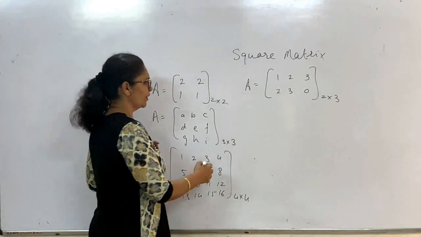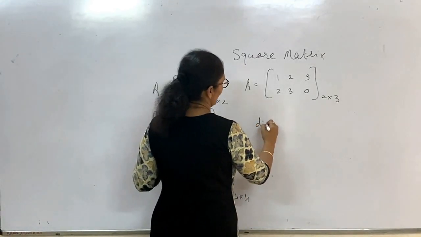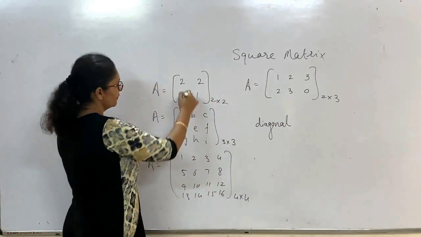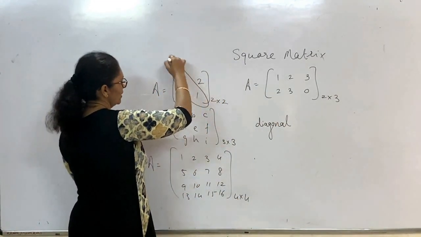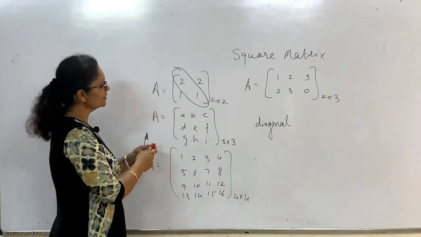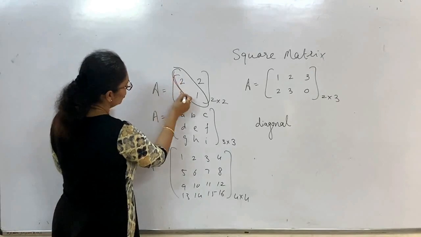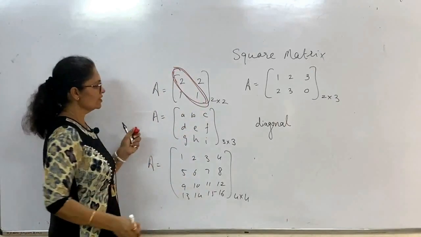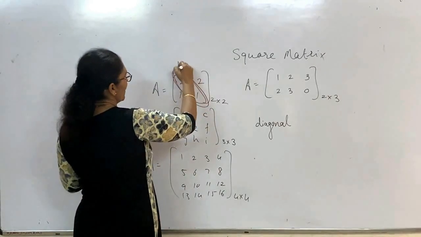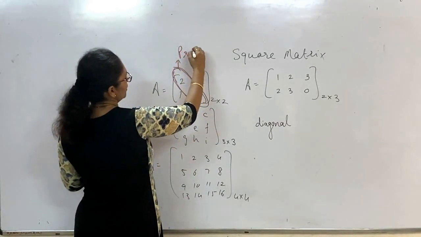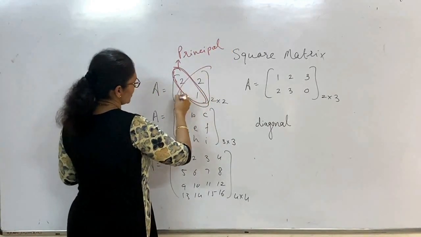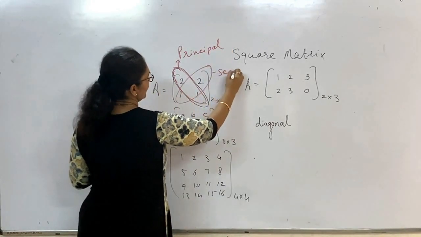Now one very simple matrix, the diagonal matrix. What is a diagonal? If I consider this 2 by 2 matrix, the first diagonal is called the principal diagonal, and the other is called the secondary diagonal.